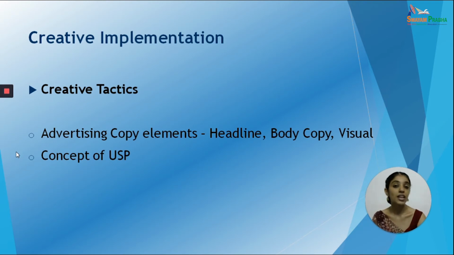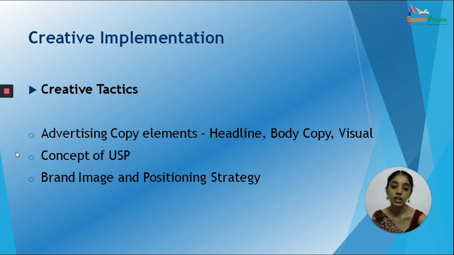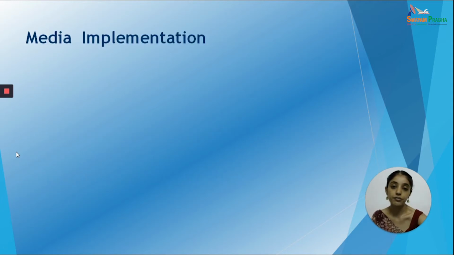Your advertisement headline here could be, want to save some money in your electricity bill? That is a tactic, a questioning headline. So the different elements of an advertising copy act as tactics. And again, the concept of USP is a tactic often used in creative implementation.